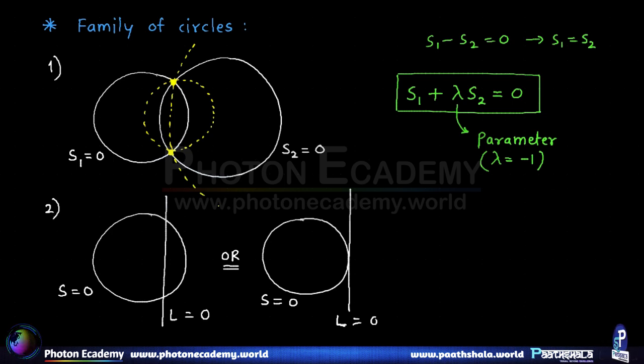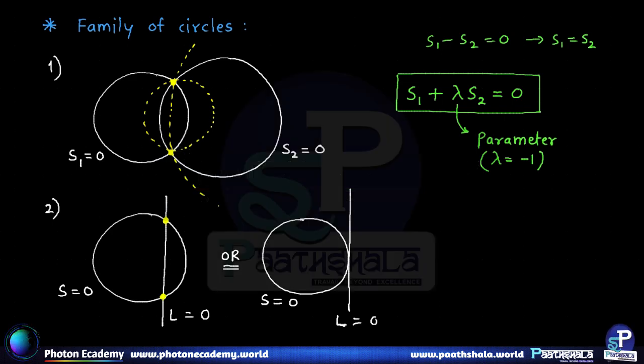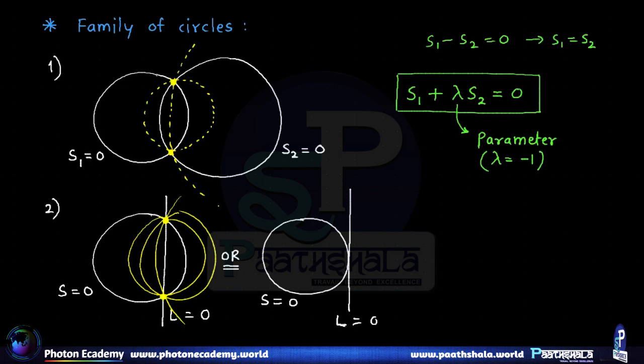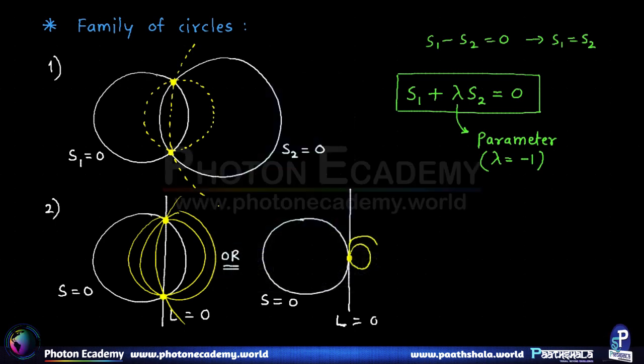Now here also, in case of a secant there are 2 points, and through these 2 points there will be countless circles that could be passing, isn't it? In case of the tangent, through the point of contact also there will be countless circles that would be passing, which touch the line at that point.